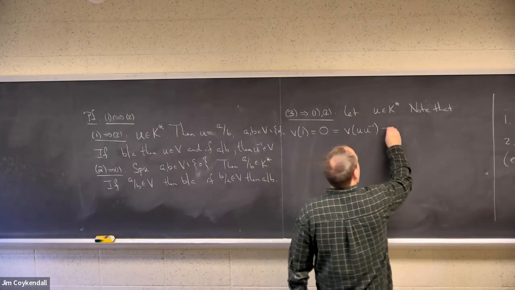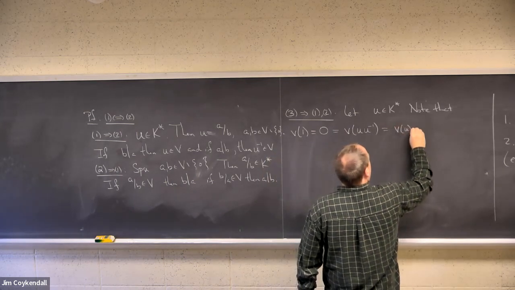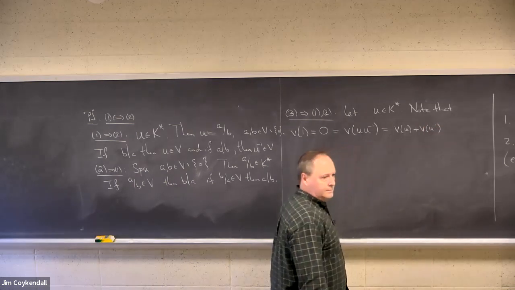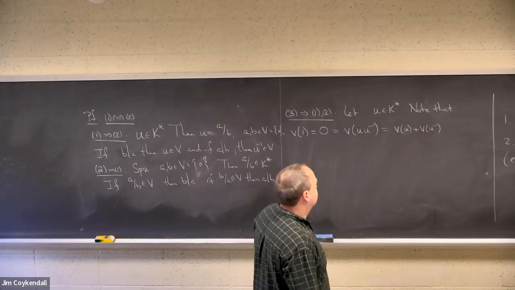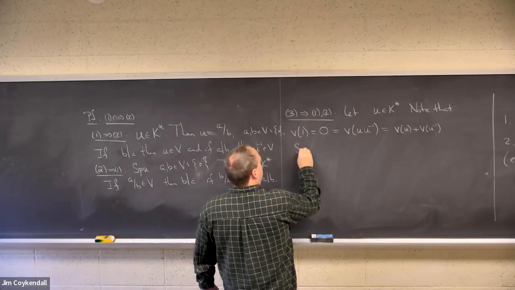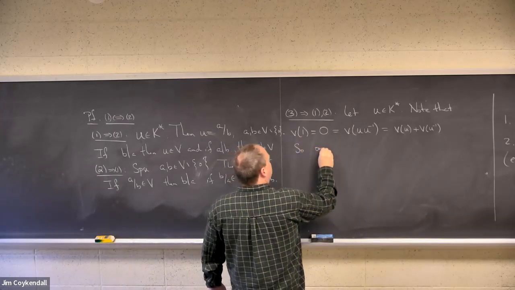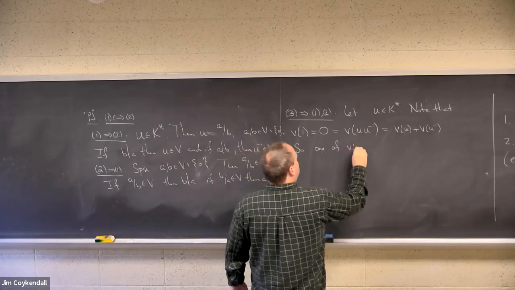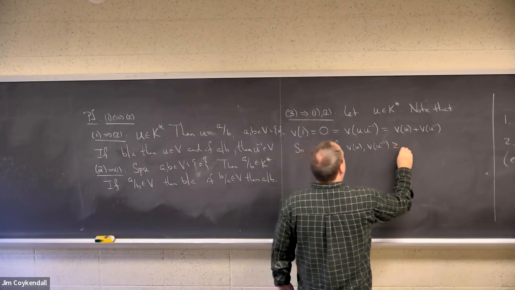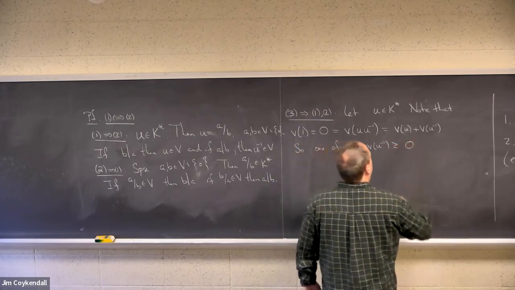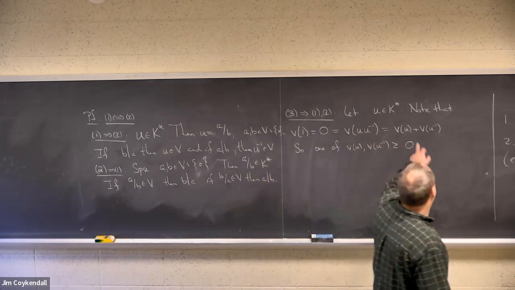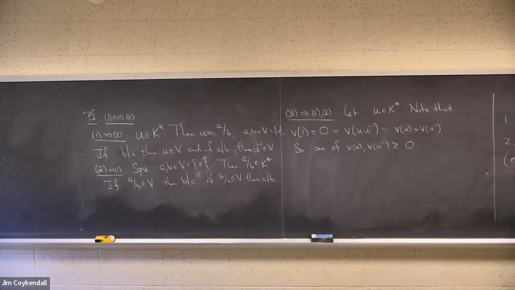The valuation of U inverse must be greater than or equal to 0. But if they're both negative, then that's a contradiction.